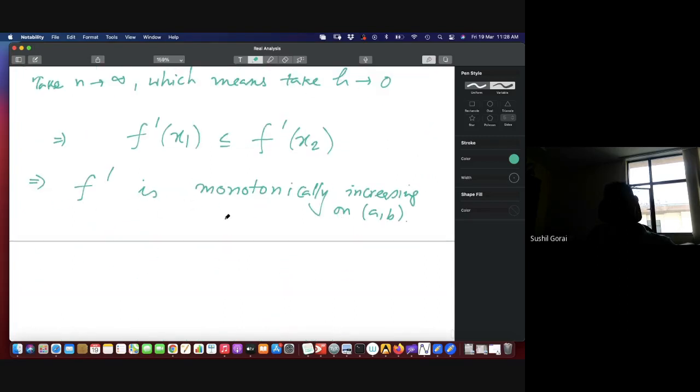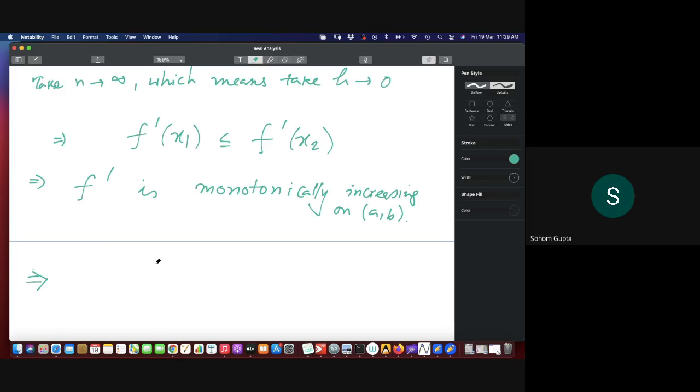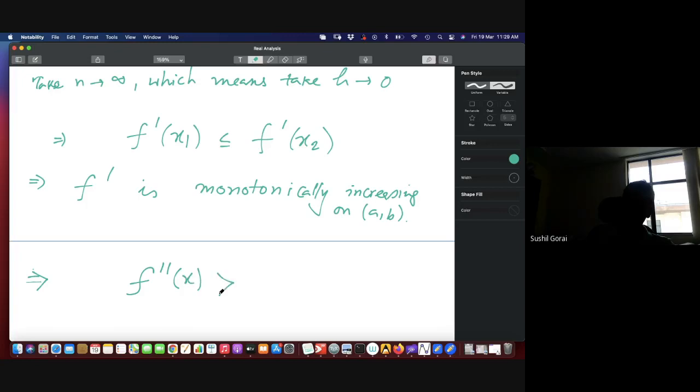Yeah, so monotonically increasing. What does it imply about the derivative? Non-negative. F prime x is greater than or equal to 0 for all x in AB.